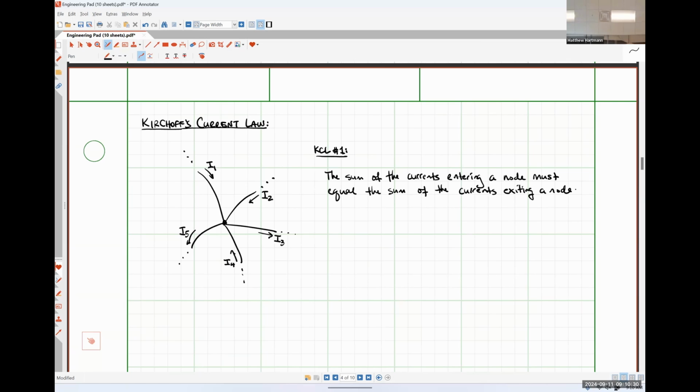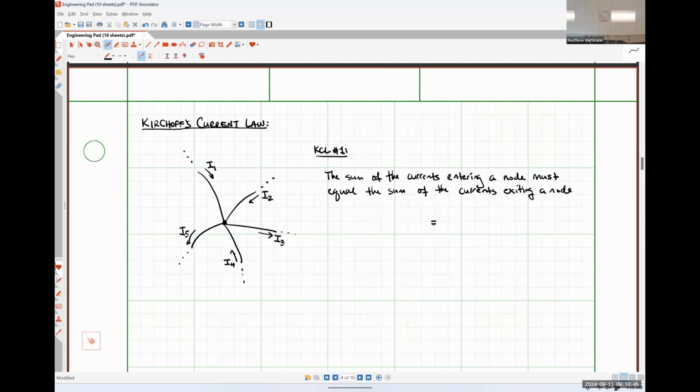Okay. So if we applied this version of KCL to the system that I've drawn, where I'm going to put the currents that are flowing in on the left-hand side of the equal sign. So let me just put an equal sign here in the middle.